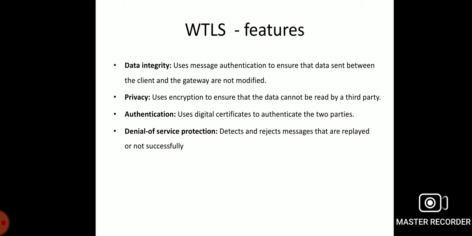Authentication uses digital certificates to authenticate the two parties, that is the client and also the server. Another one is denial of service protection, which detects and rejects messages that are replayed or not successfully verified.